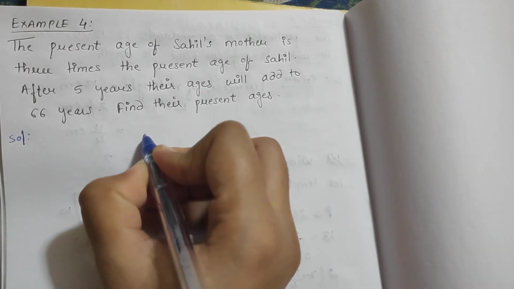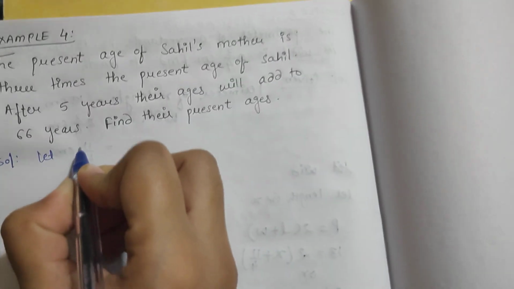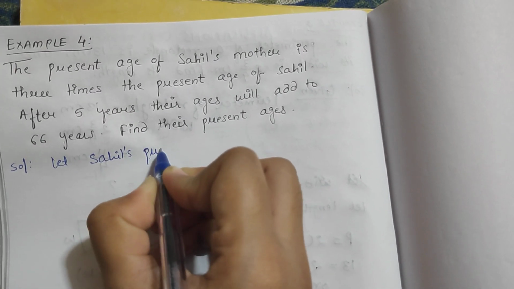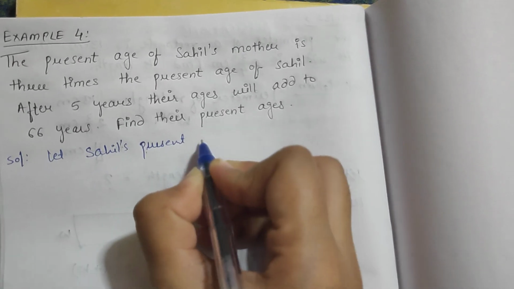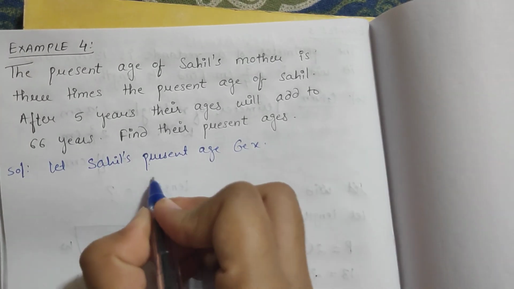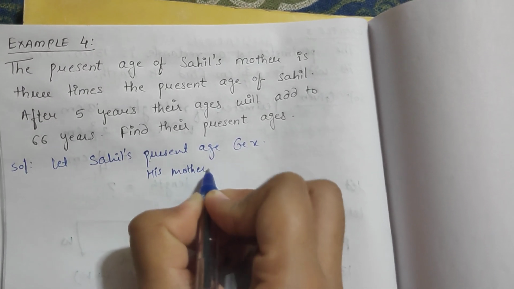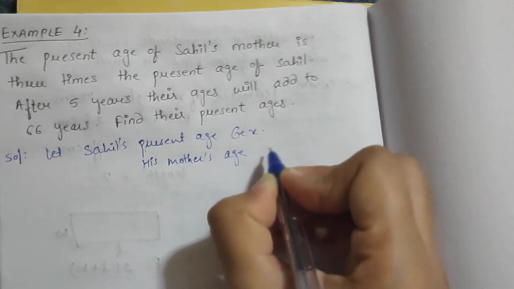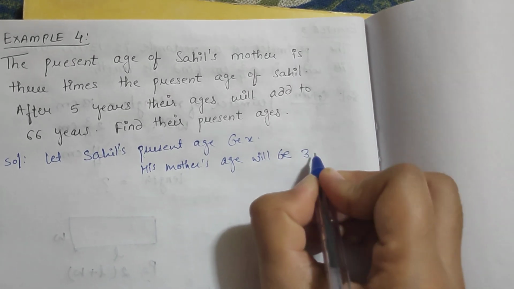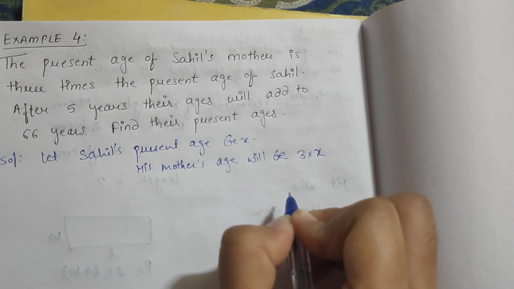See, first let us consider that Sahil's present age be x. Okay, let Sahil's present age be x. So therefore his mother's age will be, what will be his mother's age? 3 times Sahil's age.